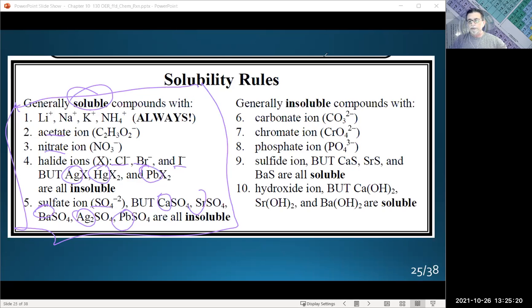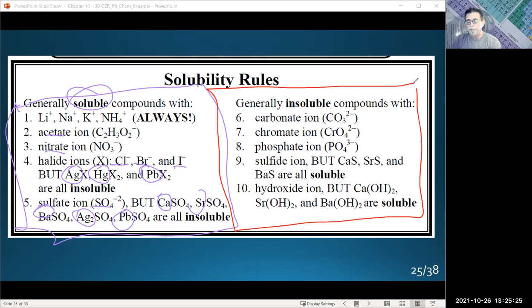On the other column over here, we have the insoluble. And so all the carbonates, all the chromates, all the phosphates are insoluble, with the exception being if the carbonate, chromate, or phosphate is bonded to anybody of the big 4, then only those are soluble.